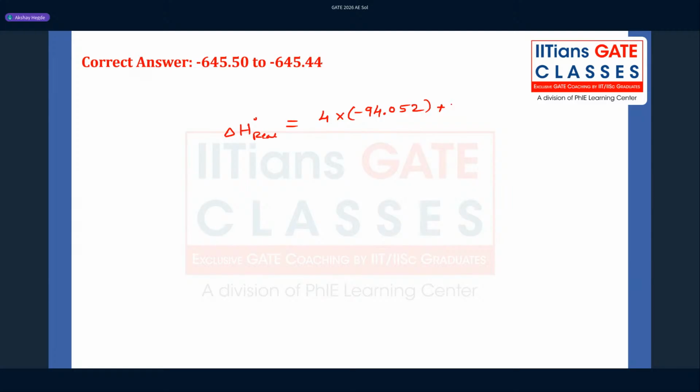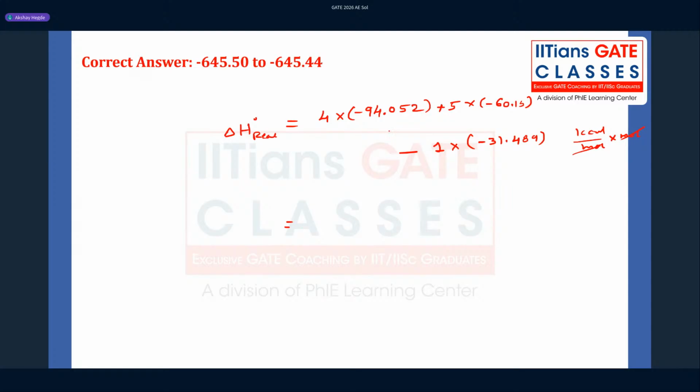Plus 5 moles of water vapor, so that is 5 times minus 60.15. Minus, for the reactant side, 1 mole of isobutane with an enthalpy of formation of minus 31.489, kilocalories per mole multiplied by mole, so the mole cancels and I am only left with kilocalories. So that is the unit.